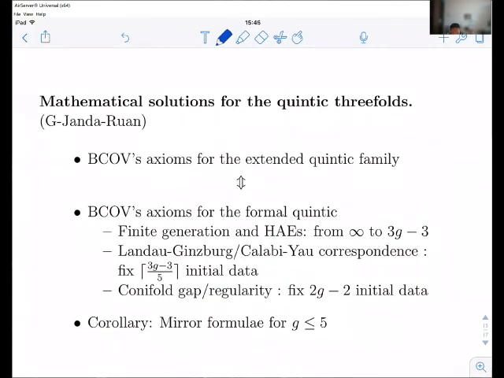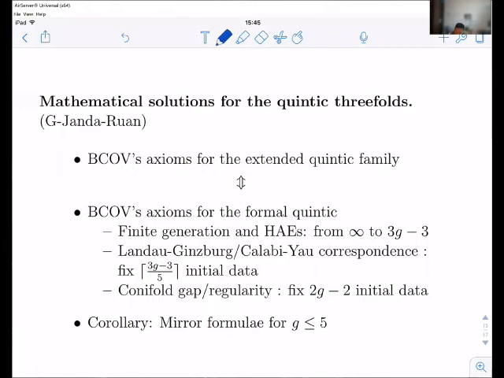And then, as I have mentioned, there are some other parts which deduce the initial condition. Also, this BCOV axiom has some equivalent representations. For example, as I mentioned, the Yamaguchi-Yau functional equation and this finite generation property.